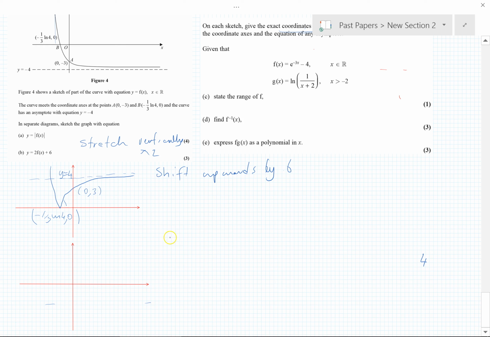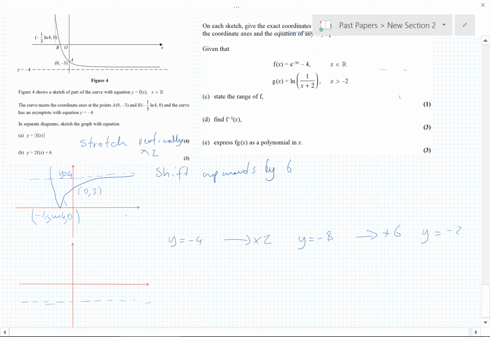The asymptote was at y equals minus 4, but then we're going to times that by 2, so that makes it y equals minus 8. And then we're going to add 6, so that puts it to y equals minus 2. So our asymptote is going to be at minus 2.